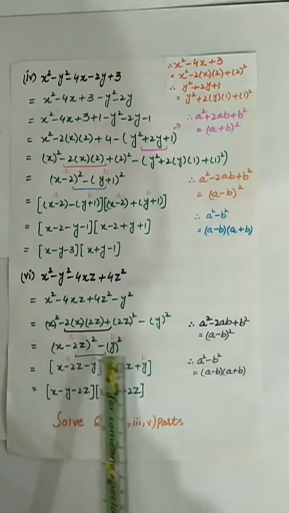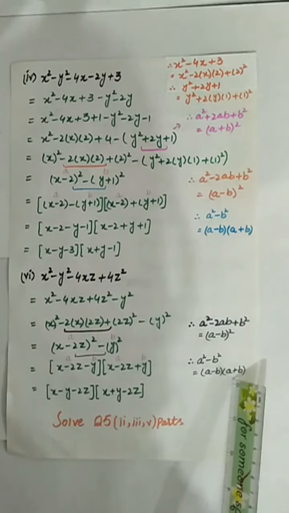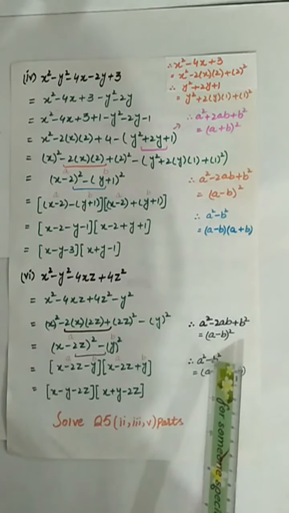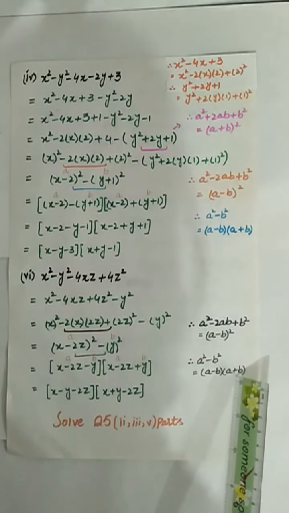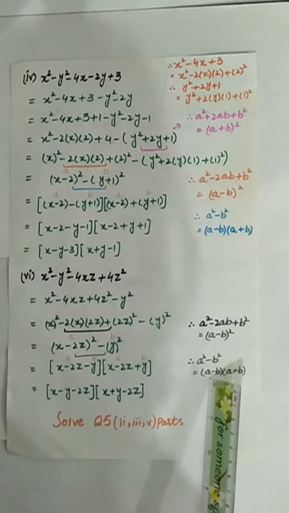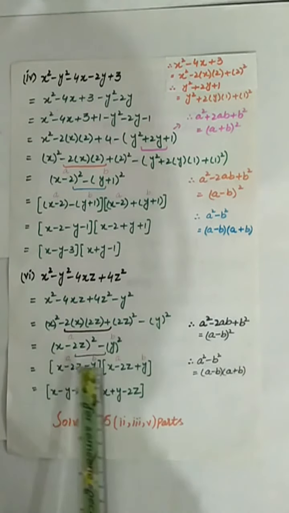Here we will use the formula of a square minus b square, which is a minus b into a plus b. We will open this formula in the form of two factors, first with the negative sign in the center and second with the positive sign in the center.